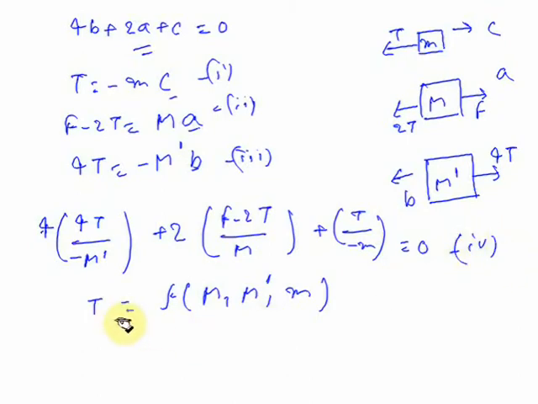Now once we get the value of T, we can find out the acceleration of the block of mass small m, which is c, and c is given by T by minus m. We already have the value of T from equation 4, so we can also get the value of c, which is the acceleration of the block of mass small m.